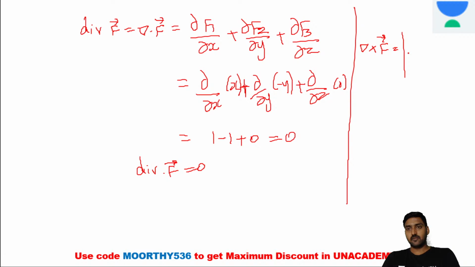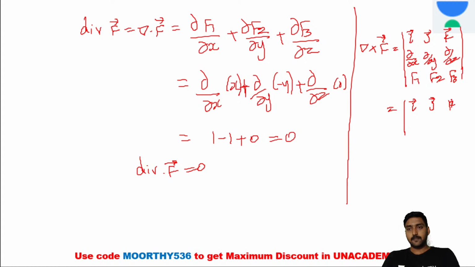Del cross F vector is equal to the determinant with i vector, j vector, k vector in the first row, dou by dou x, dou by dou y, dou by dou z in the second row, and F1, F2, F3 in the third row. Substituting, the third row is x, minus y, 0.